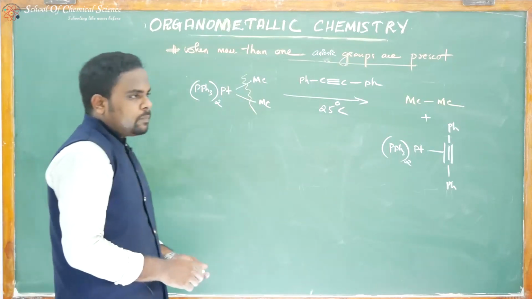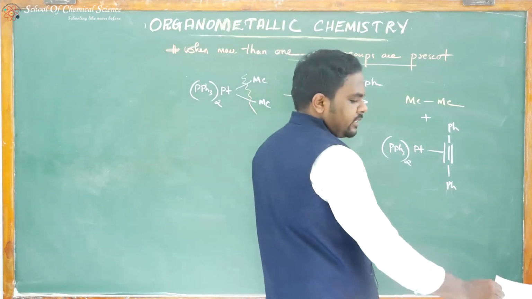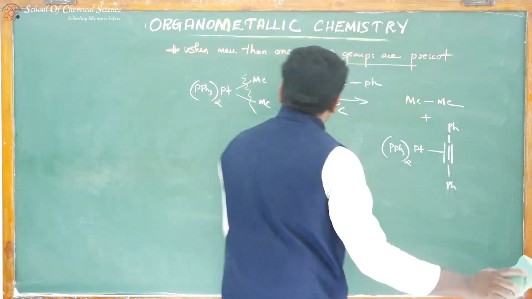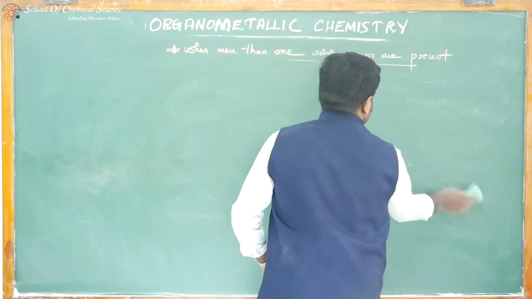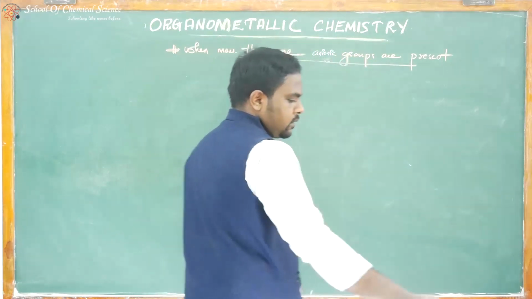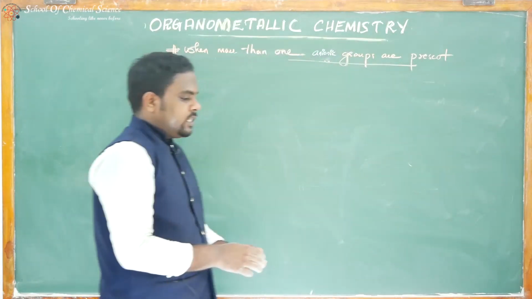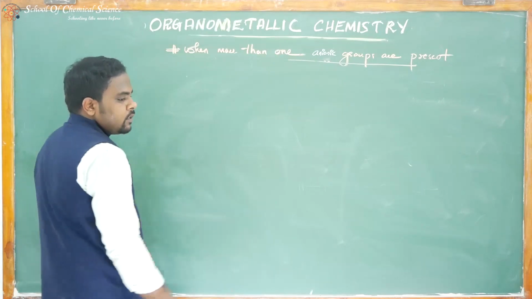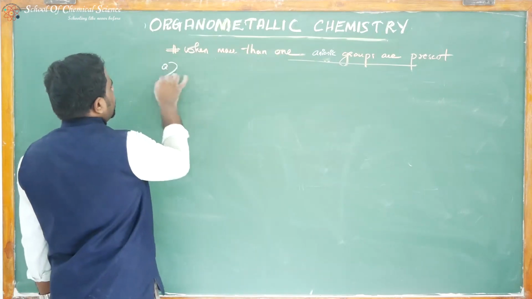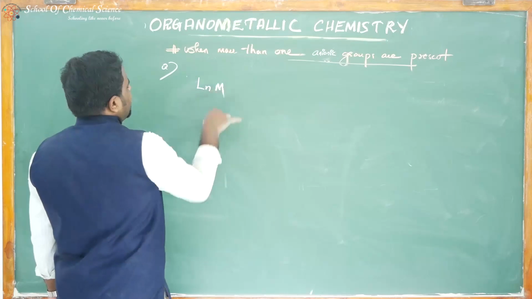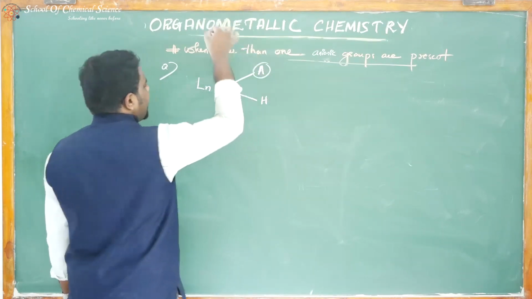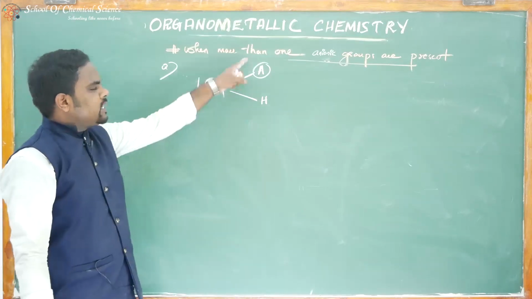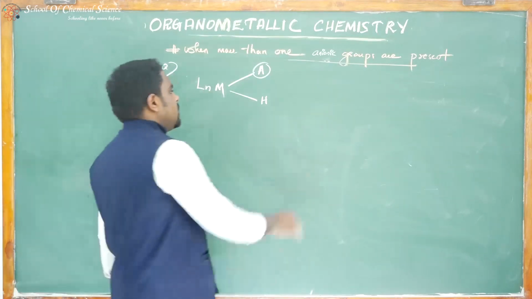Then another previous year question in the CSIR NET exam. Please write that question. Ligands are there, metal, here hydrogen, here an anionic ligand A. Hydrogen and A are anionic ligands.